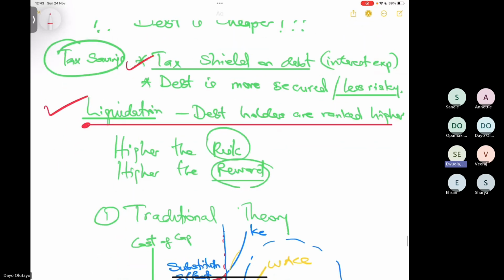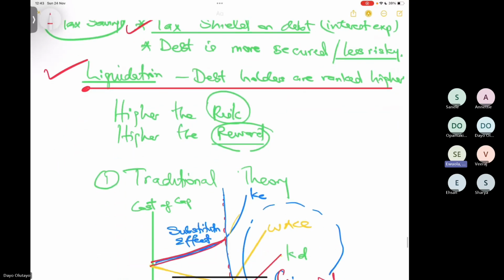So what I understand now is that taking additional loans or debts is riskier, because with more loans, if there's liquidation, the focus will be on the debtors and less for the equity holders. So from there, I do not understand how we now say that debt is less risky.